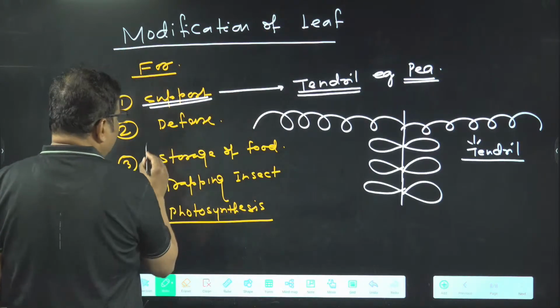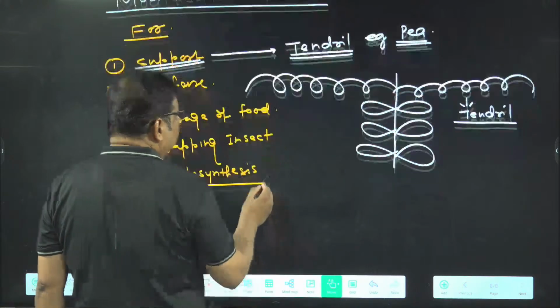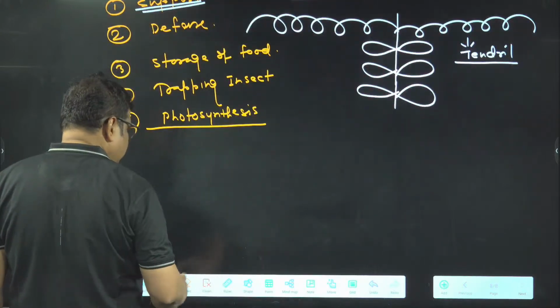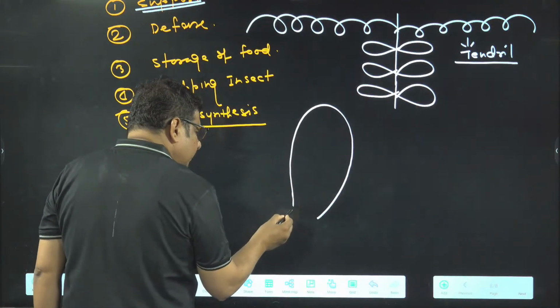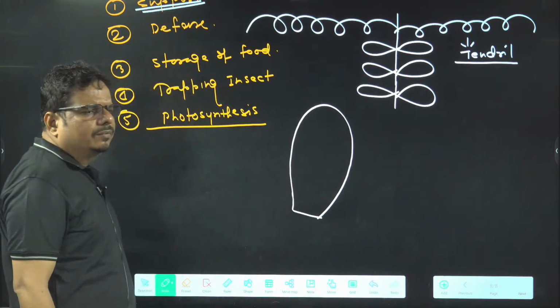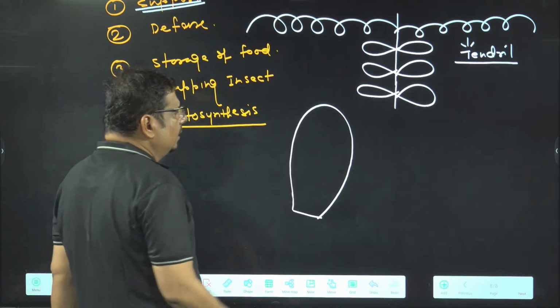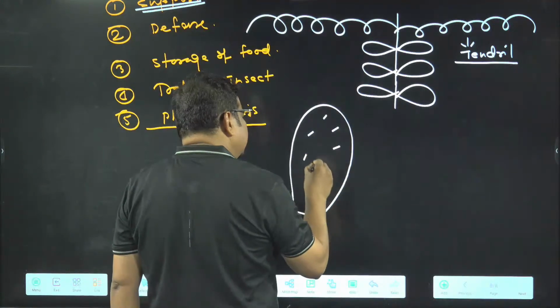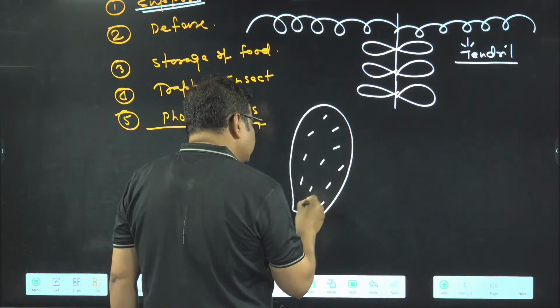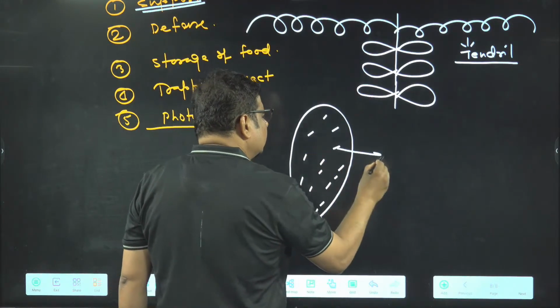Now we are going to talk about the second example, that is for defense. So what happened in Opuntia, cactus, Euphorbia? On the phylloclade, you will find many spines are there. These are what basically?